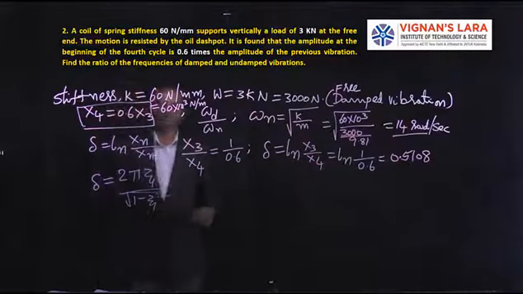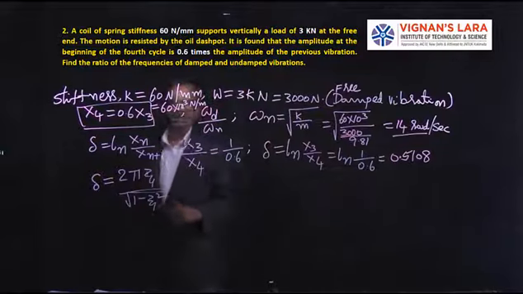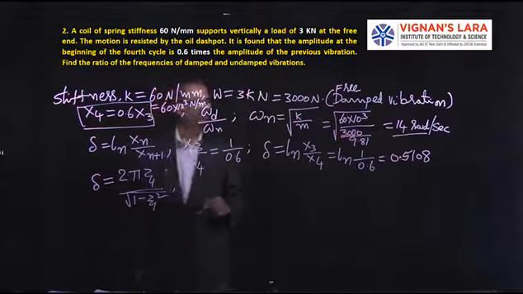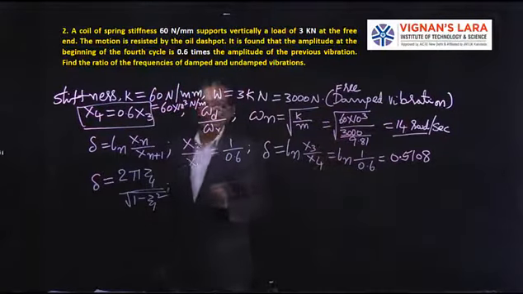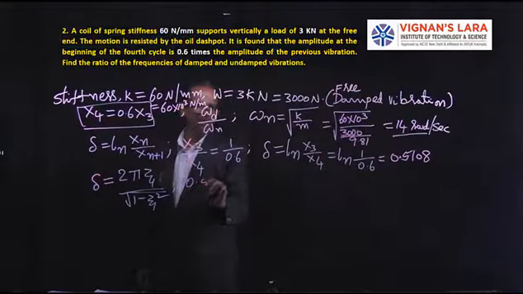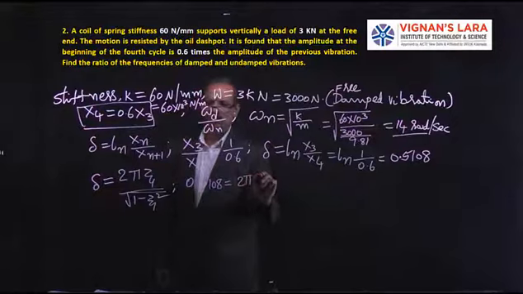This is from the basic fundamentals, which we have already seen in the last lecture. So delta is already known, that is 0.5108, equal to 2 pi zeta, unknown, by root of 1 minus zeta square.